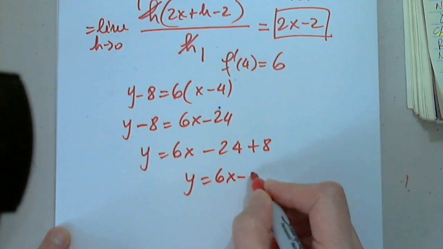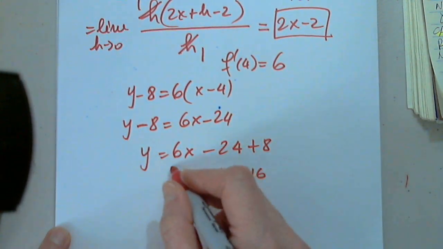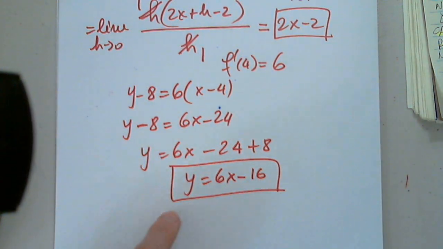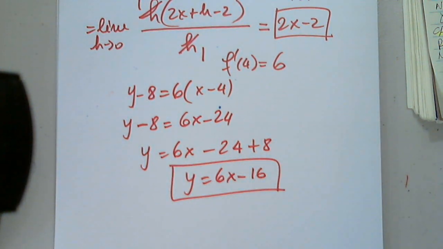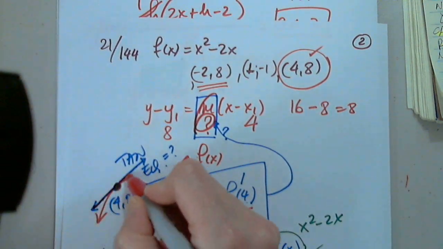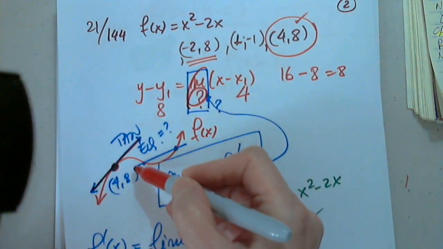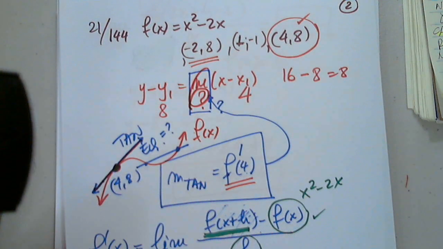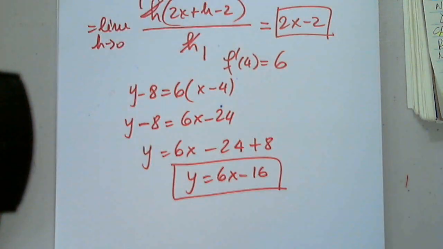So it's 6x minus 16. What is this? It's the equation of the tangent line to the graph of our function at (4, 8). And we answered the question. Any questions for me?